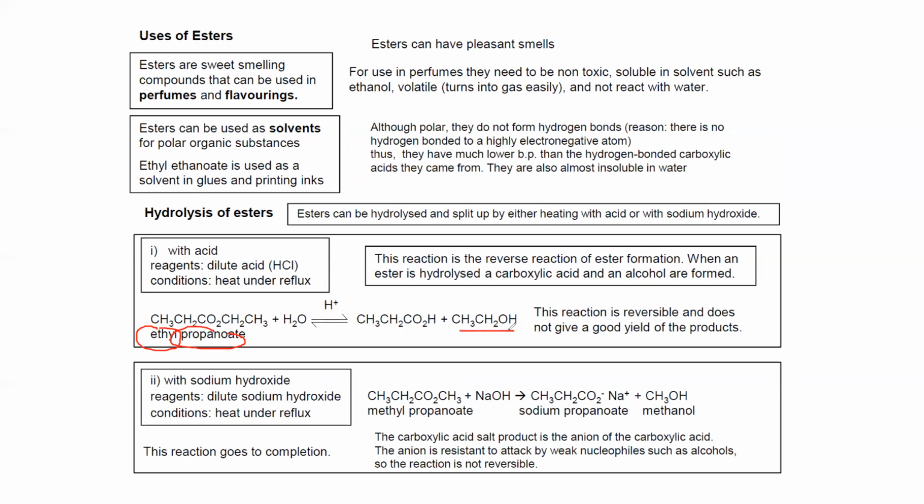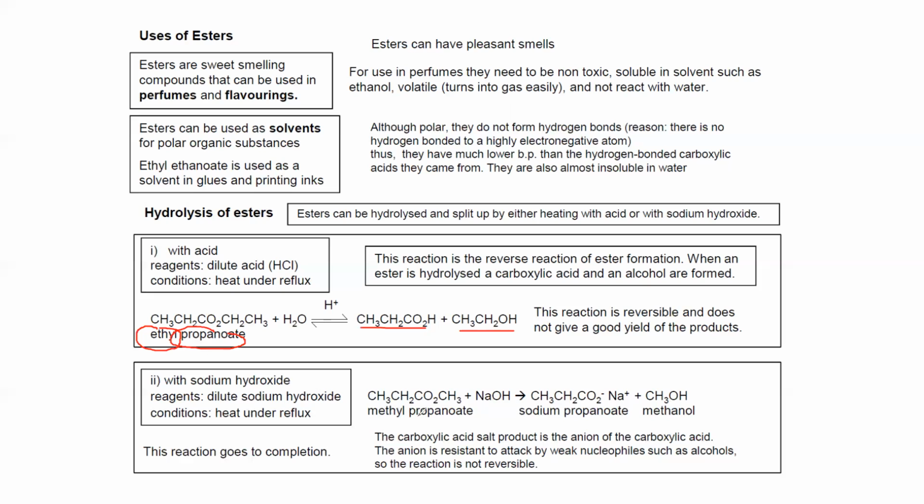So ethanol and propanoic acid will be the products. But if we carry out this reaction in alkaline conditions, then the reaction is not reversible; the carboxylic acid and alcohol cannot react back to form the ester.